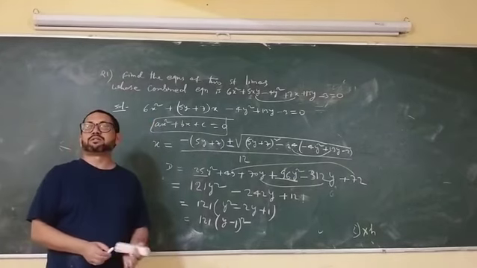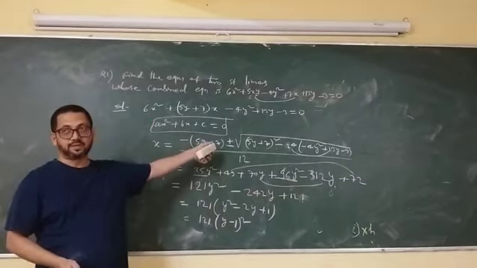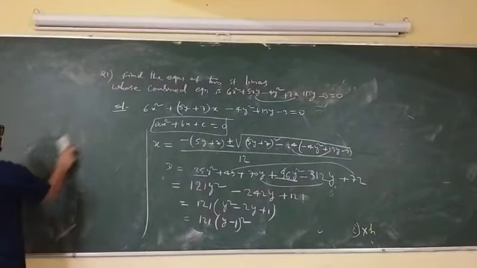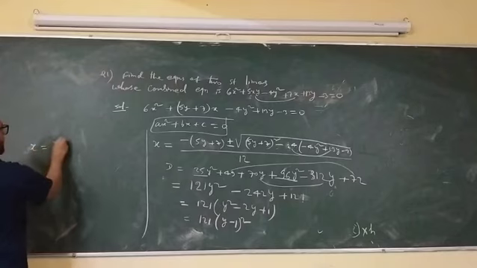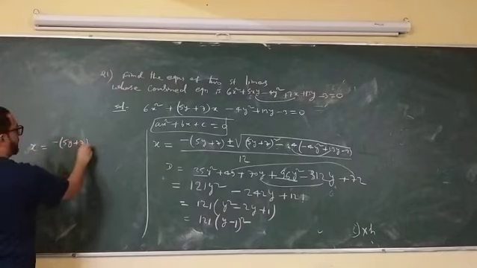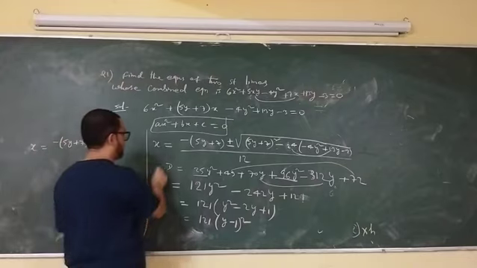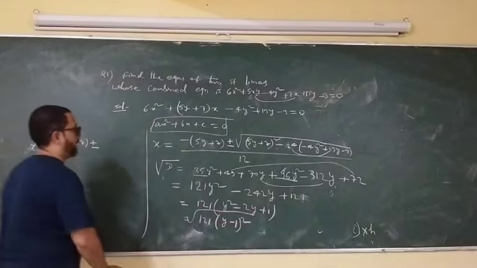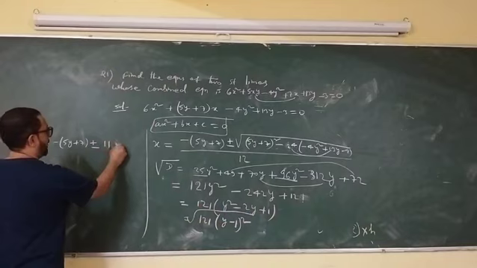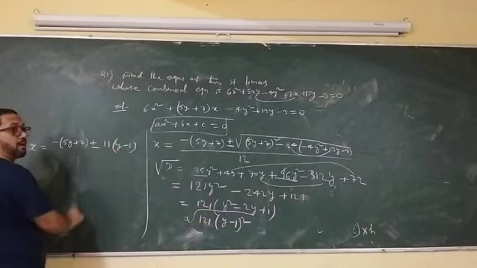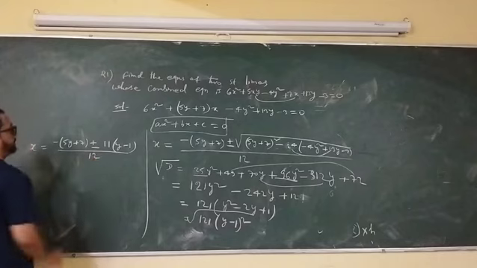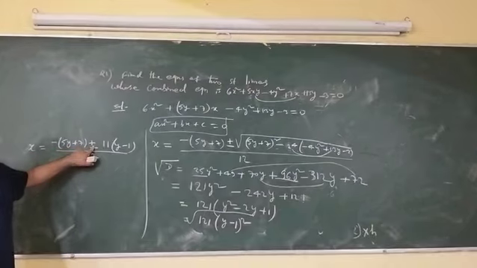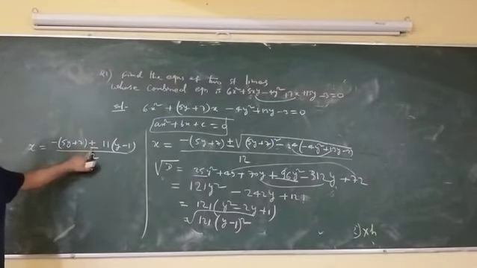So basically what this is telling us is that this will transform itself into the linear form. So here x is equal to minus (5y plus 7) plus minus the root of the discriminant, which is 11 times (y minus 1), upon 12. So two values you will take, one time plus, one time minus, to get the two equations.